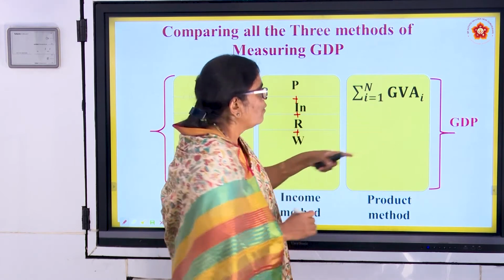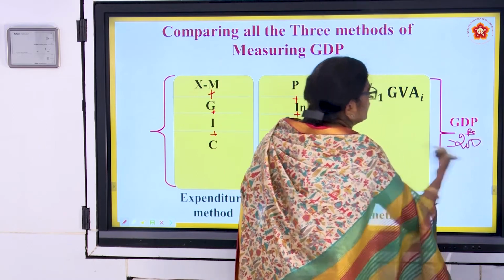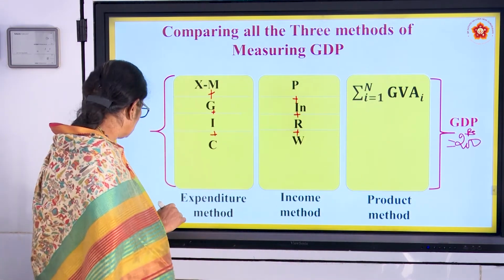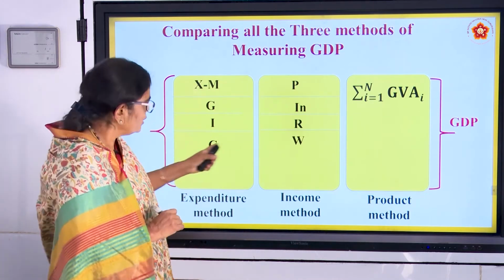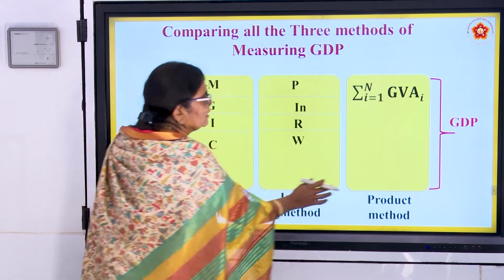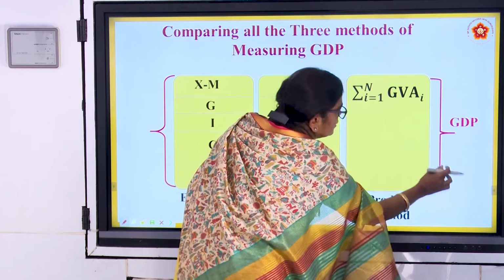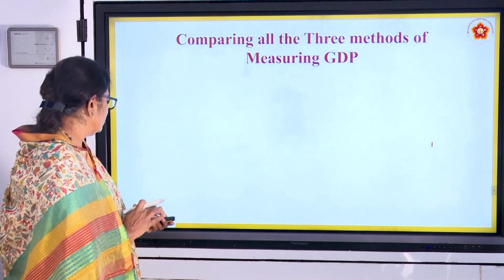In this example GDP is equal to rupees 200. It is not necessary to put plus, it is automatically plus only. Therefore, all the three methods give us the same amount of GDP.